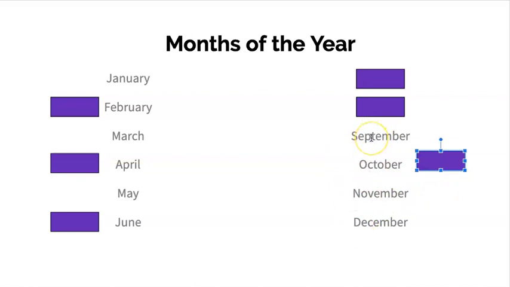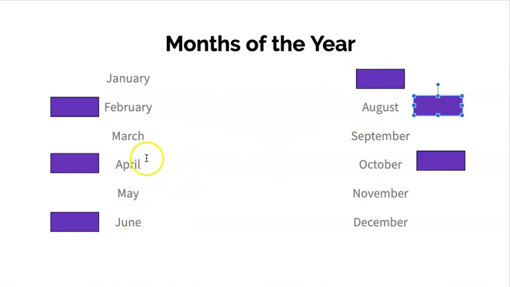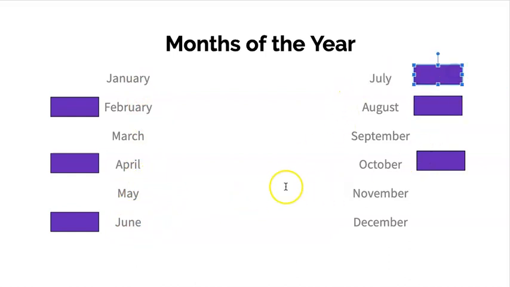All right, so what month comes before September? August. All right, and then what comes before August? April, May, June, July. Good job.